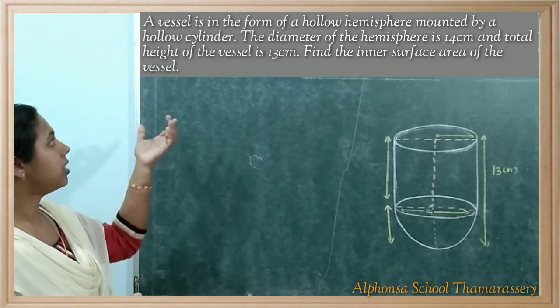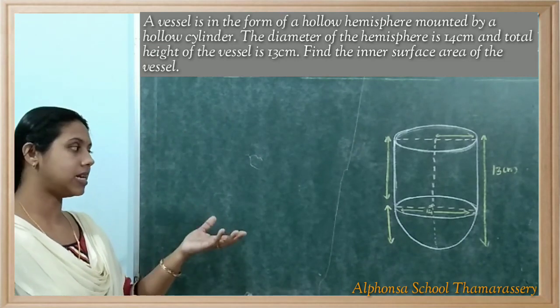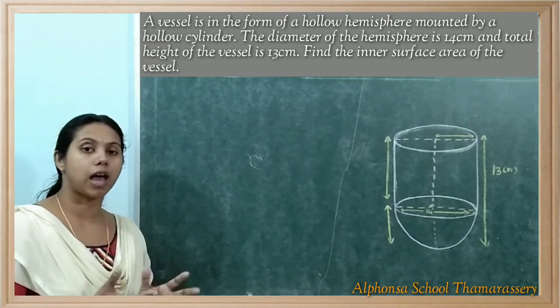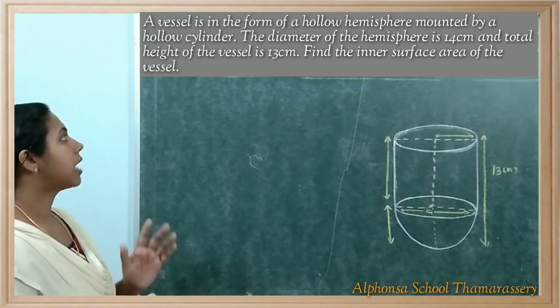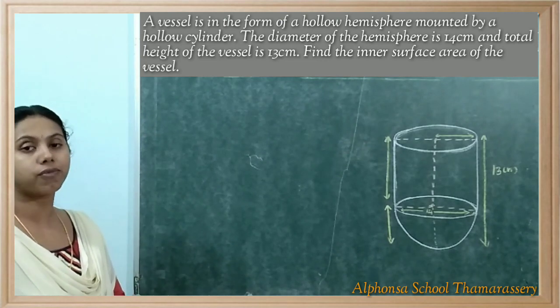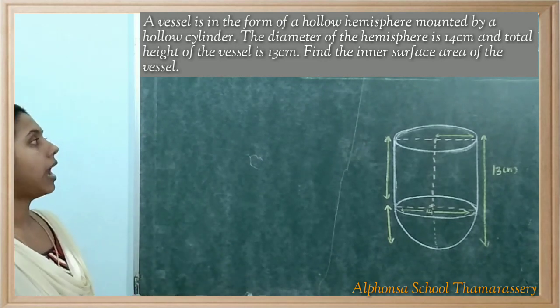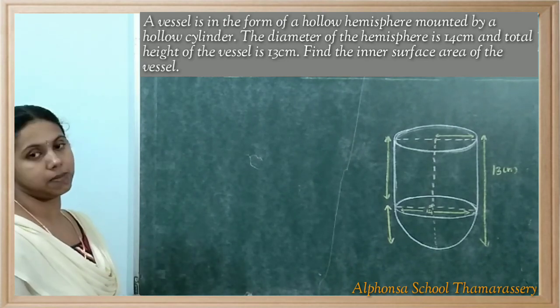The diameter of the hemisphere is 14 centimeter. The cylinder and the hemisphere both have the same base, so that will be the same as the diameter of the cylinder. And the total height of the vessel is 13 centimeter.